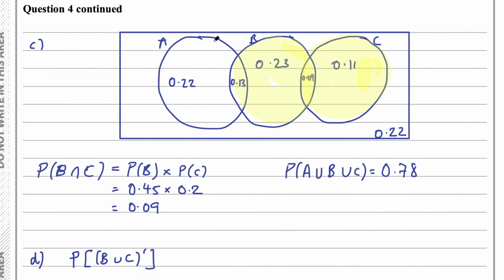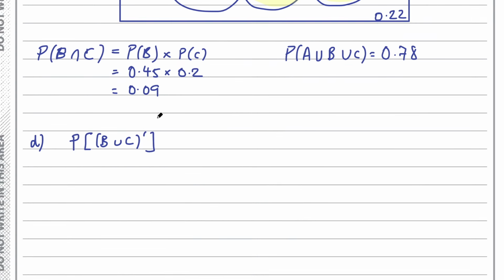So all we really need to do is look at this diagram. We've got 0.22 as the probability of A but not B happening, and then we've got a 0.22 probability of none of these events occurring.